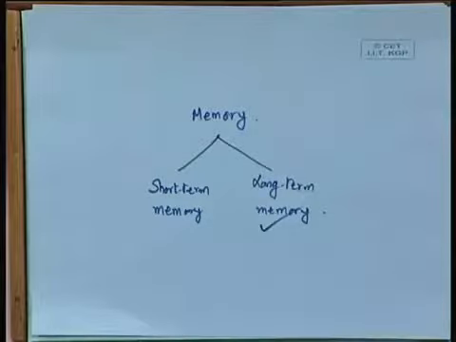Now, why is the short term really a short term? Let us try to understand that, because the short term memory is all the time indicating current information, the very latest information, which is going to be updated and corrected all the time.